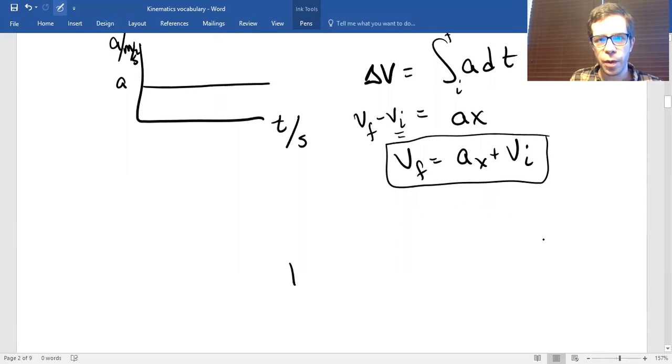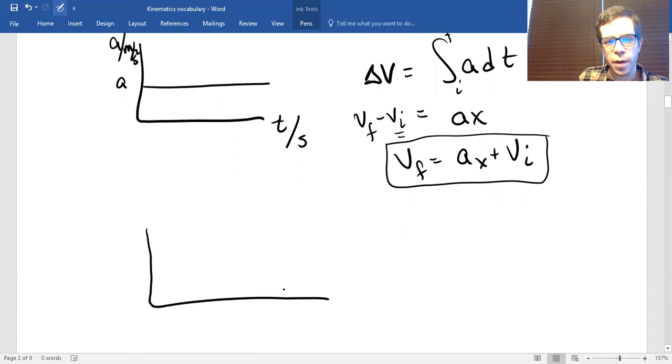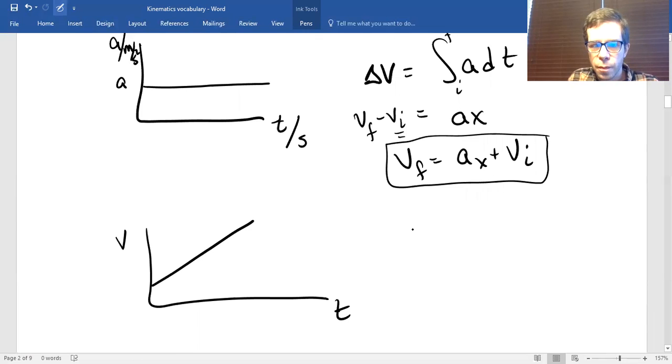We're going to get our next one in a similar way. Let's consider our graph of velocity versus time, where we're in meters per second and seconds. Well, we're going to take this same equation and integrate it again, right?